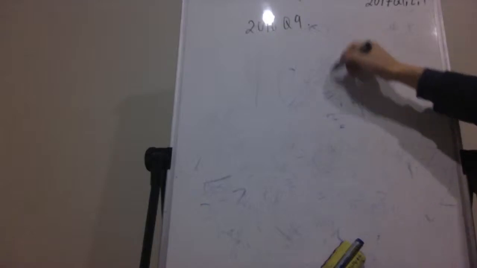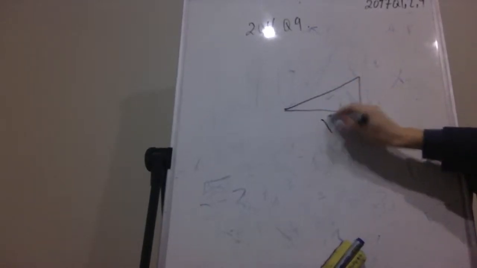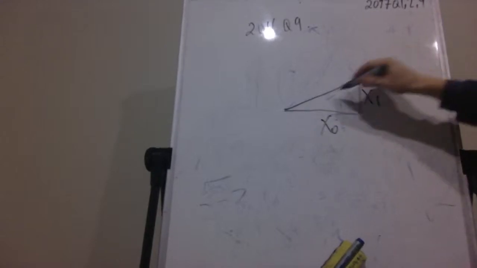Can I show you something? There is one other idea that comes in handy when you have these right angles. It seems to come up enough. So you have this, x0, x1.